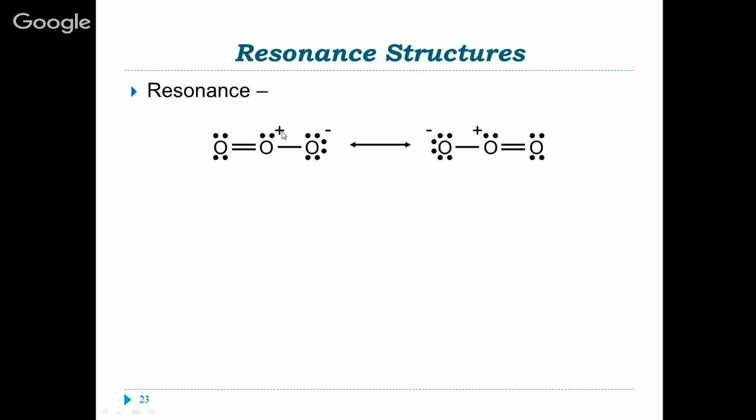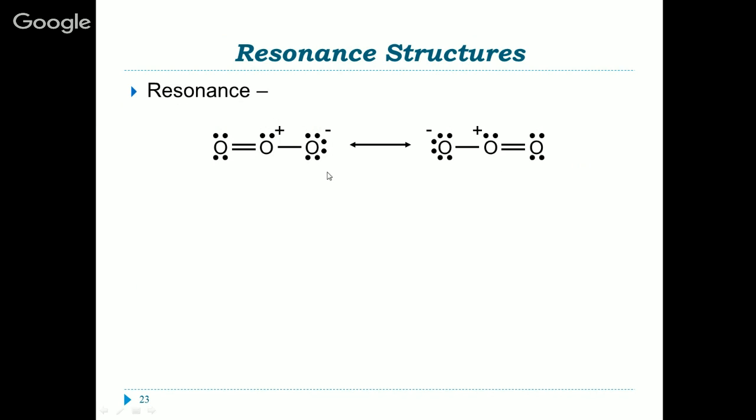Because that would give oxygen 10 electrons, and that is not allowed. Carbon, nitrogen, oxygen, fluorine are the 4 atoms which, no matter what structure they show up in, they have to have 8 electrons. They cannot have any more. So resonance really is just looking at where can I place my extra electrons? Can they be in a double bond? Are they going to be on a different atom?